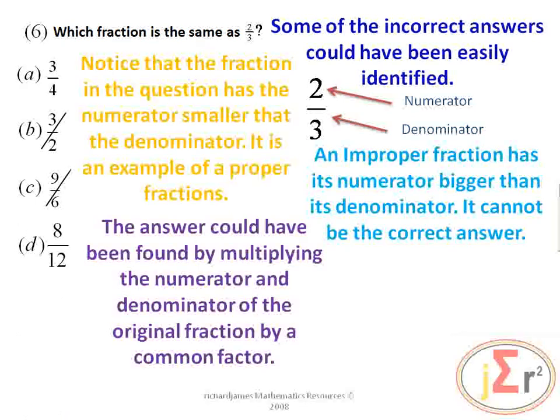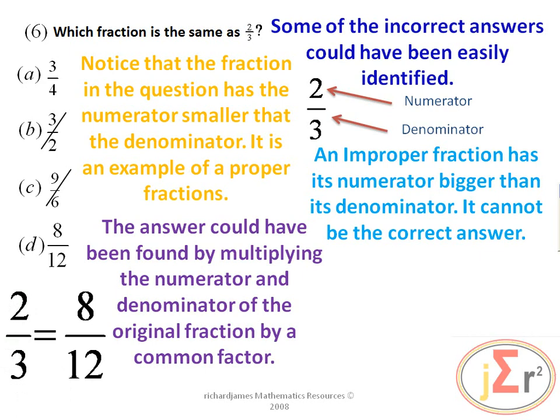So let us go ahead and do that. What do we say? 2 fours, 8. 3 fours. So what is our answer? Right. The correct answer is actually 8 over 12, which is in our option D. And that one is actually equal to our number 2 over 3.